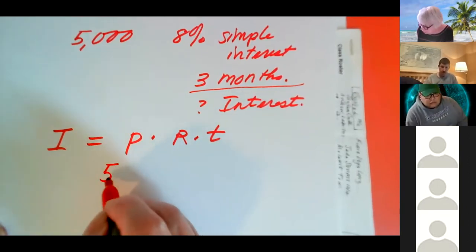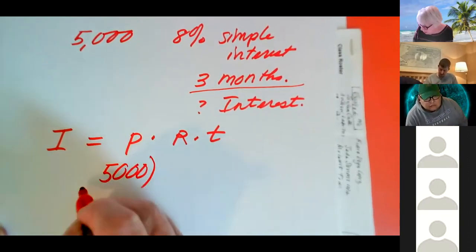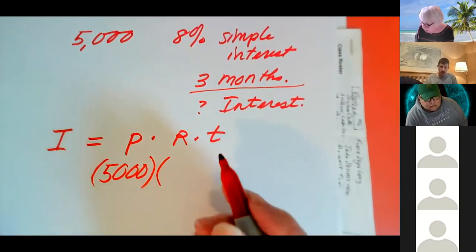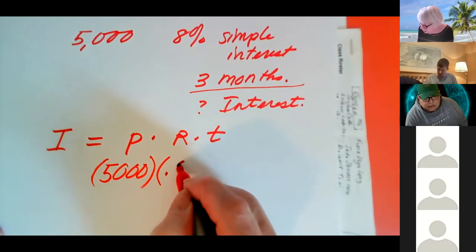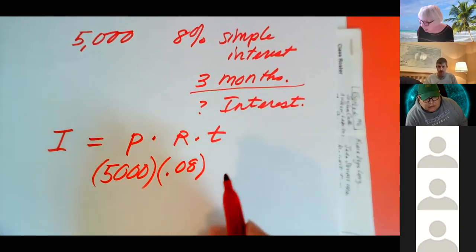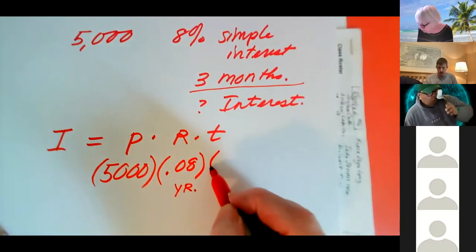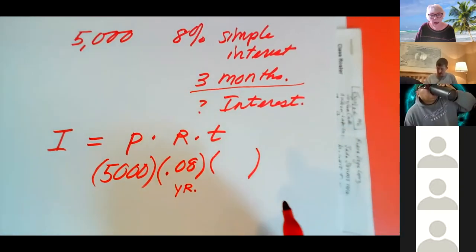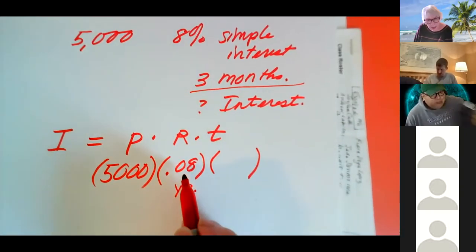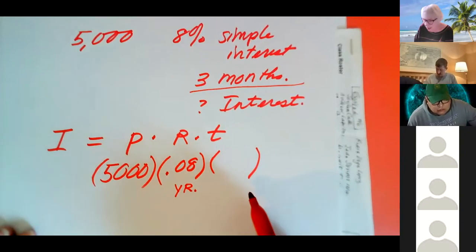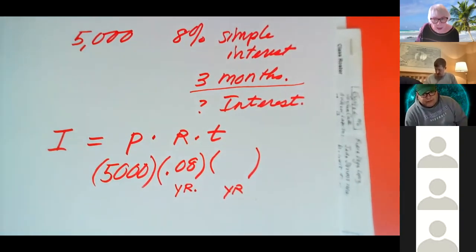This is clearly 5,000, so that there's no argument on that. The rate is 8%. So this is in terms of years. If I put in 8% over here, I better make my time in terms of years.